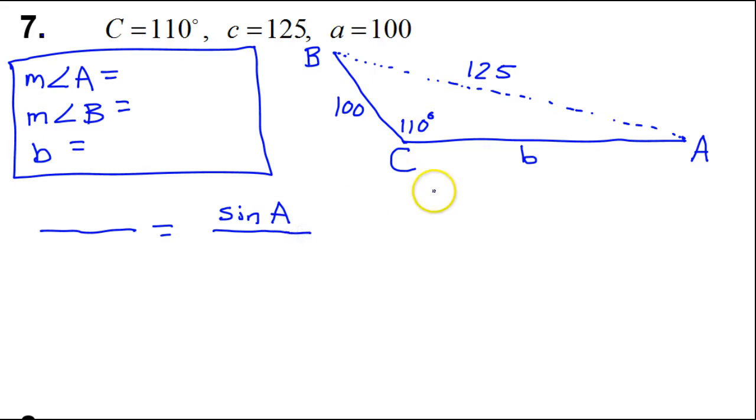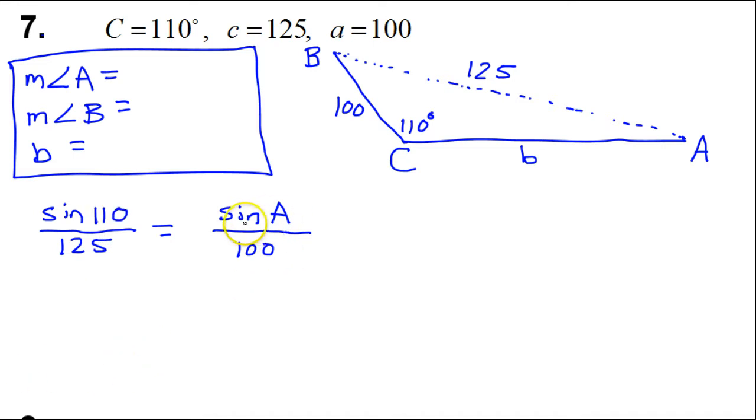It just saves me one step. And then I'm going to put side A in the bottom. For angle C and side C, I'm going to put the sine of angle C in the top, and I'm going to put side C in the bottom.